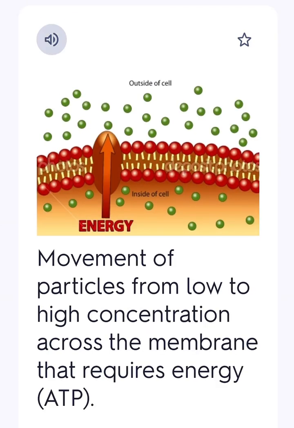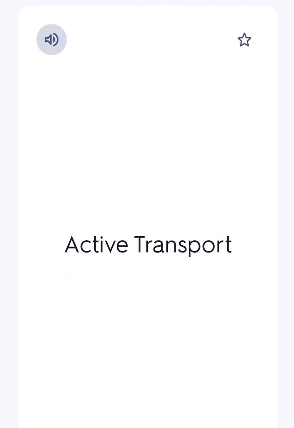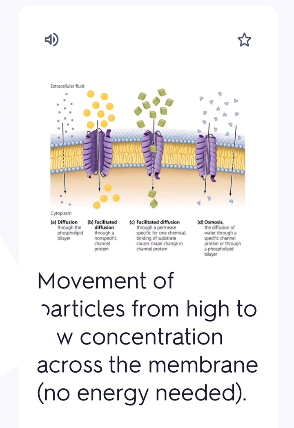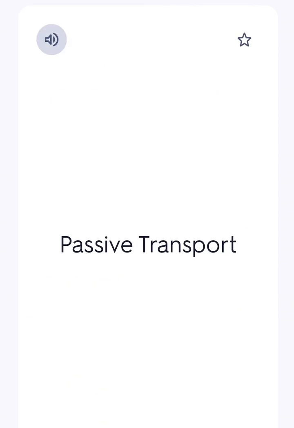Pseudopod. Movement of particles from low to high concentration across the membrane that requires energy. Active transport. Movement of particles from high to low concentration across the membrane. Passive transport.